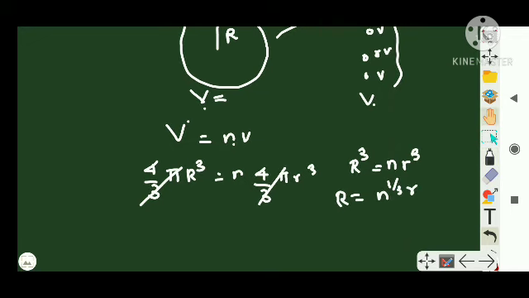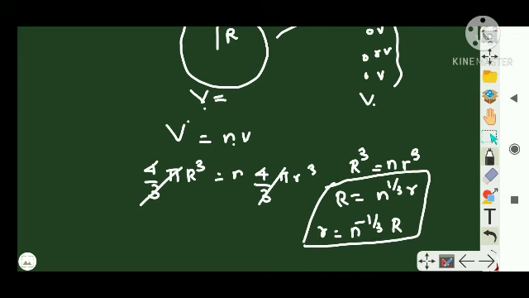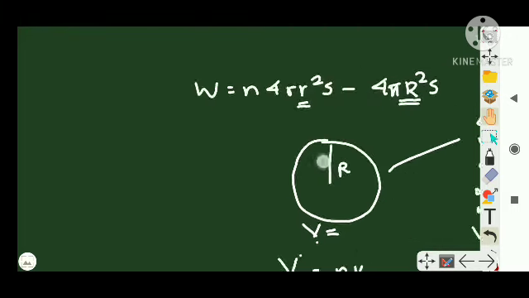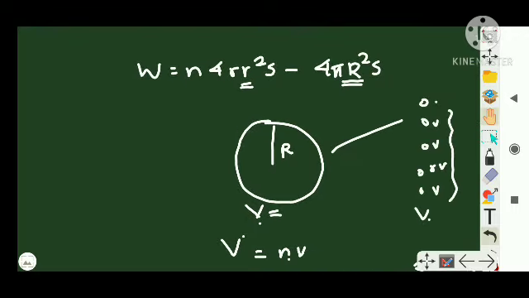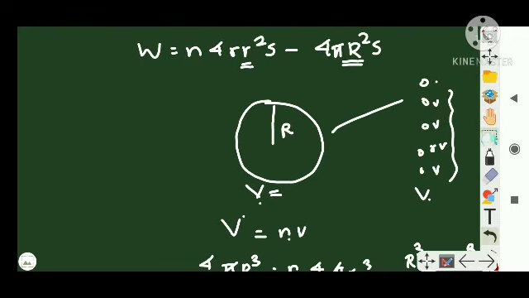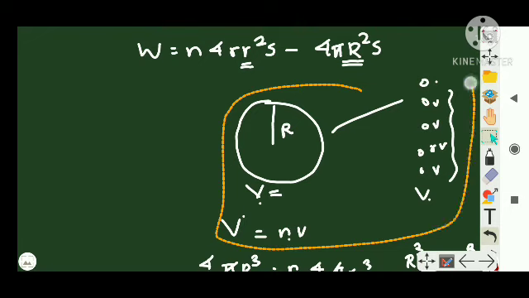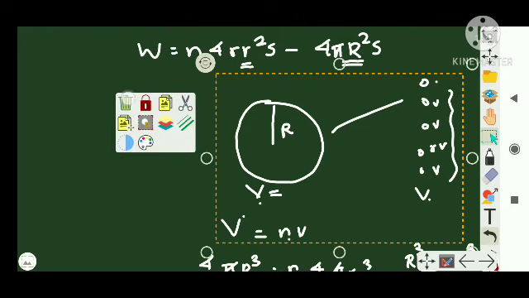Or I can make small r equal to n raised to minus 1 by 3 into R. So better if you make this as a boxed block or whatsoever and keep it with yourself. Now this expression is required while we calculate the work done equation here, right? Now let me remove this much portion. I hope you understood the derivation part, right?